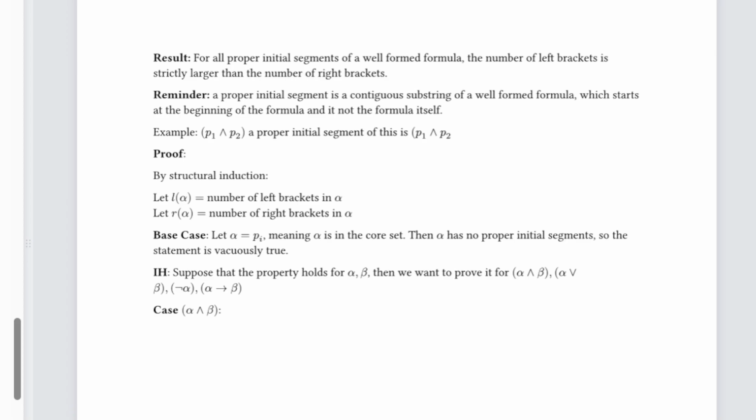Well, the first case can be, so let's let gamma be a proper initial segment of this well-formed formula.